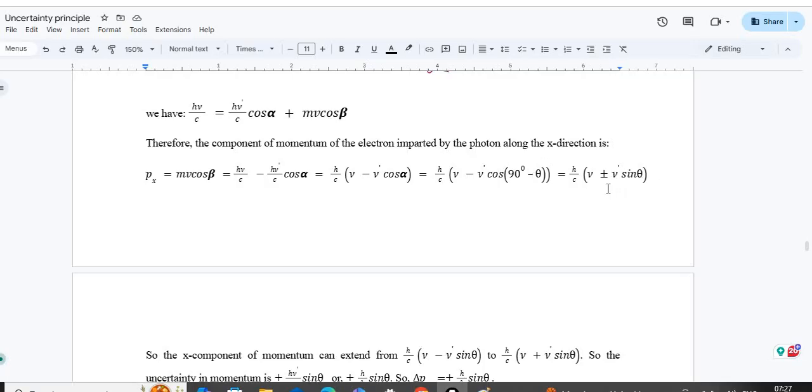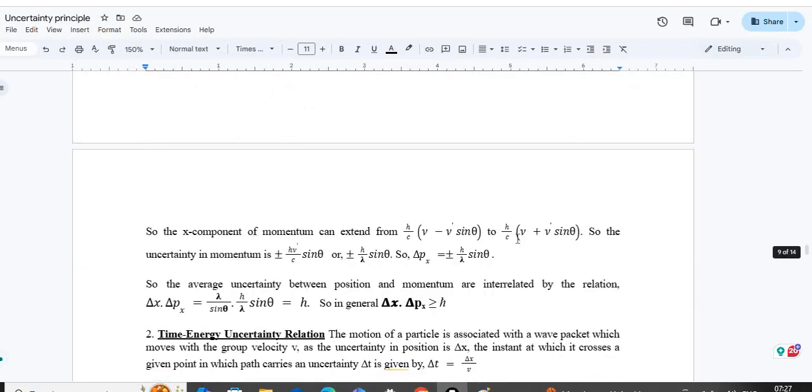Obviously this will give you h nu dash plus or minus h nu dash sine of theta. So there is a plus value and a minus value. The two extreme values vary from plus 1 to minus 1. So you'll have this plus minus h nu. You can see h nu by c is the initial photon's momentum, and what is the scattered photon momentum? h nu by c times plus or minus sine of theta.